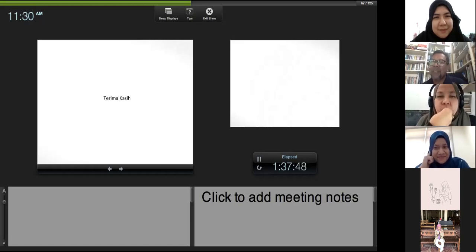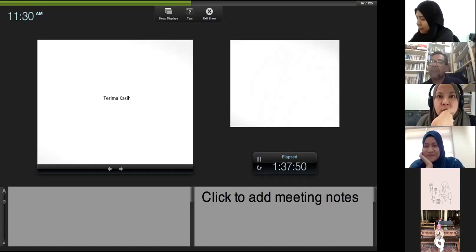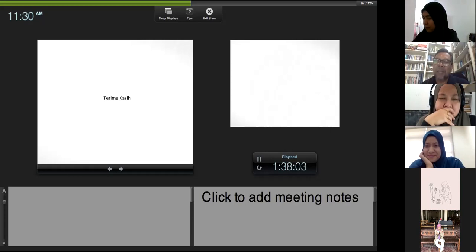Sebab dalam public servant dia ada kriteria. Siapa yang patut dapat bilik satu-satu, siapa yang patut duduk dalam open plan kan. Kalau general office biasanya open plan kan, kerani kat situ, typist kat situ, pembantu pejabat kat situ. So dia open plan namanya.